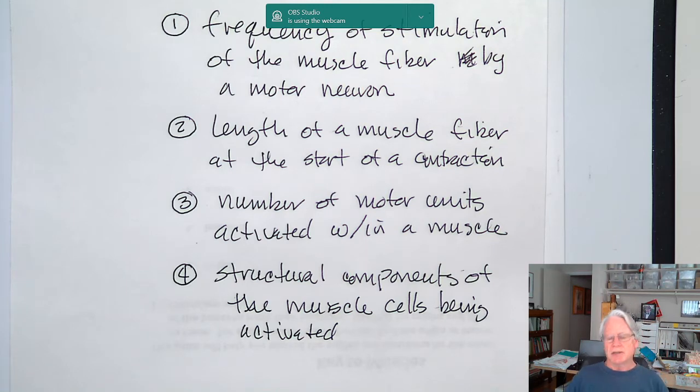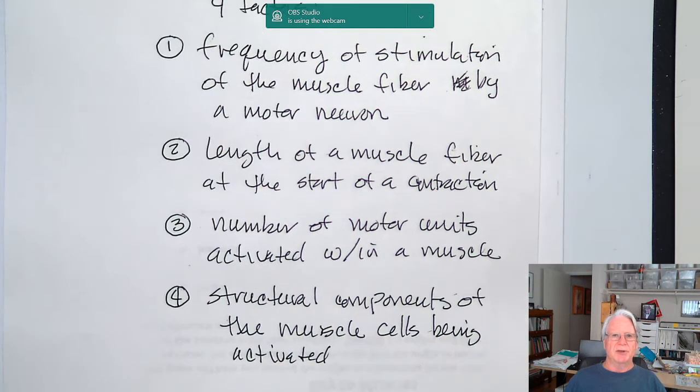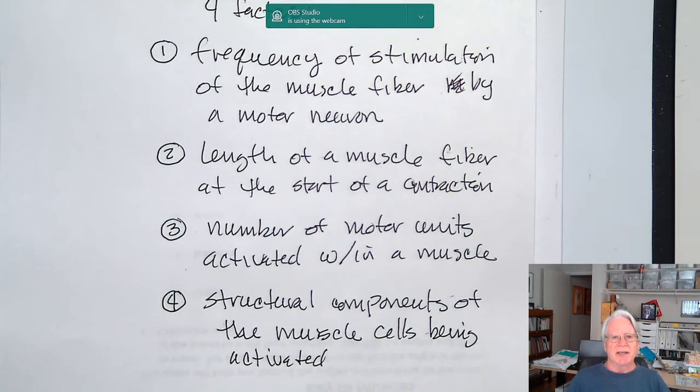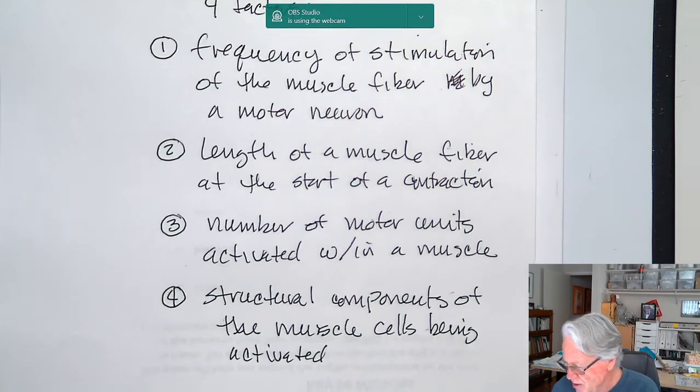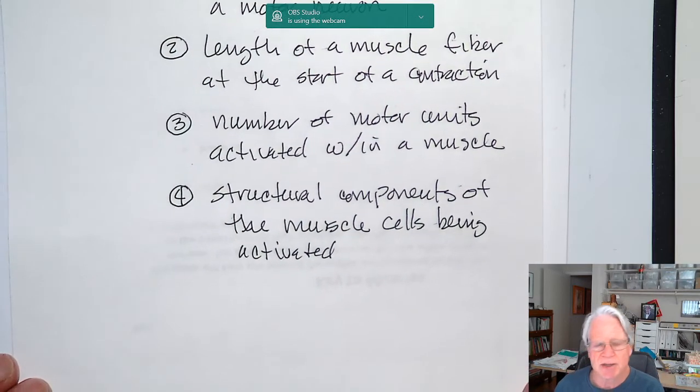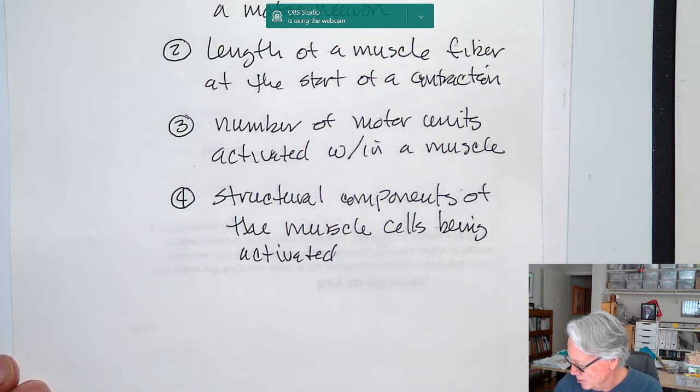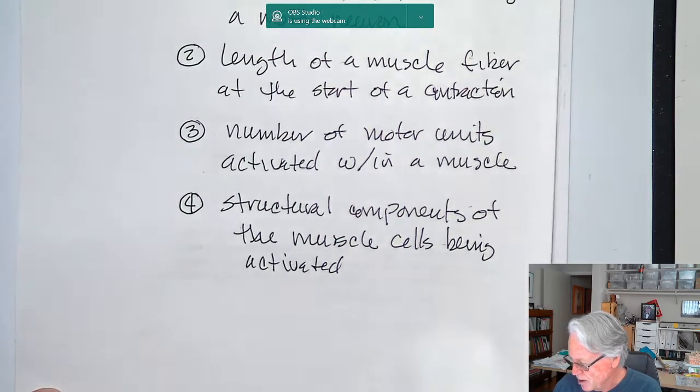So four different factors: frequency of stimulation, length of a muscle fiber at the start of contraction, the number of motor units that are being activated, and the structural components of the muscle cells that are being activated. So let's begin with the frequency factor and see what that is all about. So we'll start with frequency and then move on to the others.